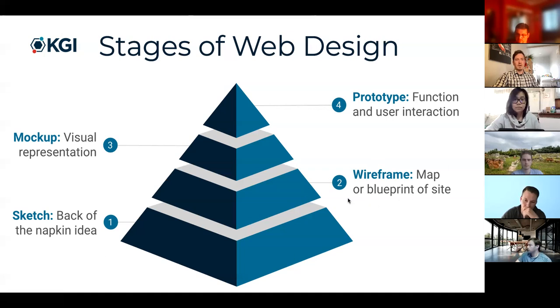Once we've built that wireframe, we move up to a mockup, which is a more visual representation. Sometimes this is more for the artist. So you get a designer involved, and they give an idea of what the look of the product is going to be. What color schemes am I going to use? Are there any provocative images that I want to use? What is the theme? And that will be a reflection of the users that I want, right?